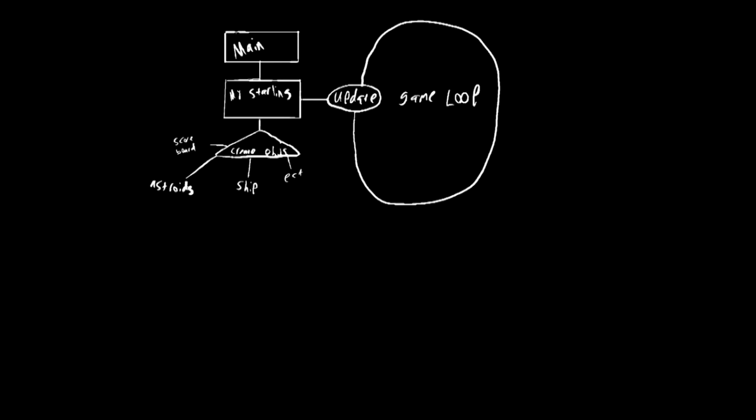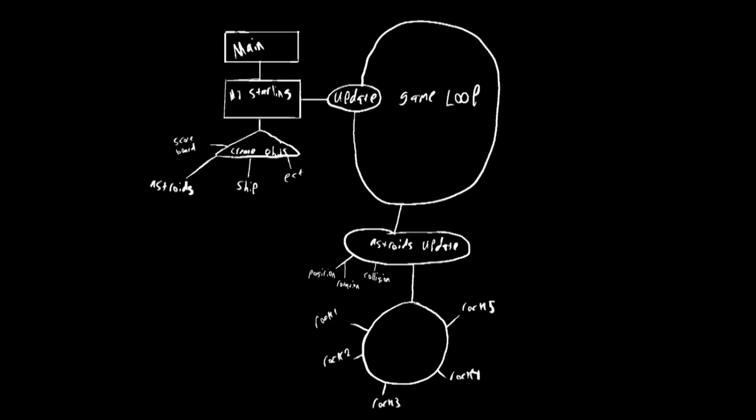So things that are going to be included in this game loop are going to be the asteroids. The asteroid update function is going to be a part of the asteroid class file. Things that are going to be updated for the asteroids are the position, rotation, collision, and probably some other things such as health, because when you shoot the asteroid, it doesn't disappear, at least in the normal asteroid game.